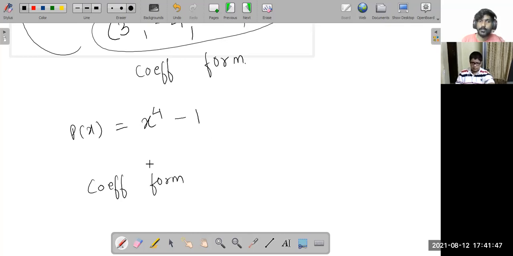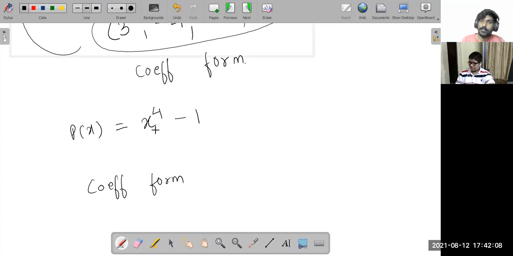Okay. First, 0 and minus 1. What is the coefficient of x raised to 4? No number means?